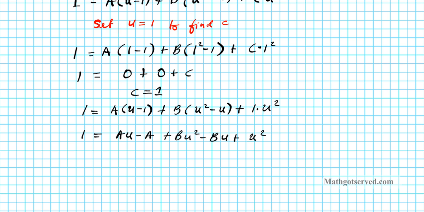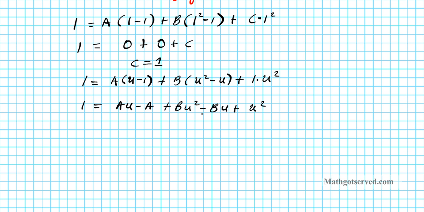Now we know the highest degree here is u squared, so I'm going to write the left side as 0u squared, since this is just a constant, plus 0u plus a constant 1. Let's organize this using the squares first: bu squared plus u squared.